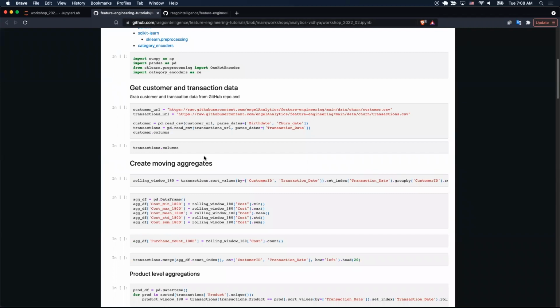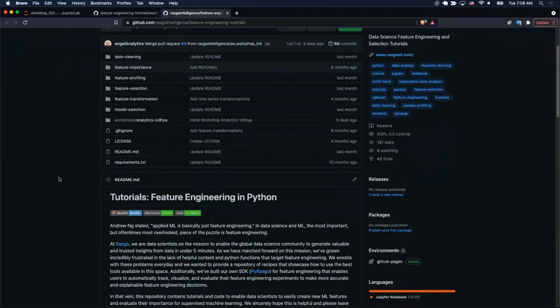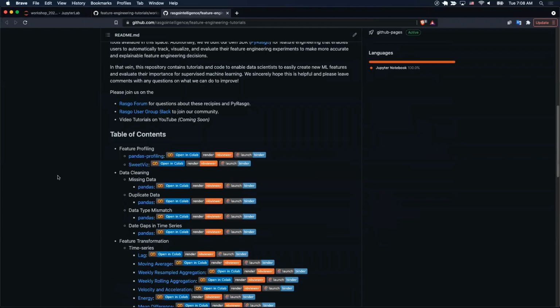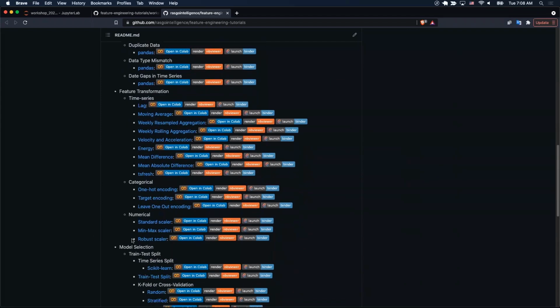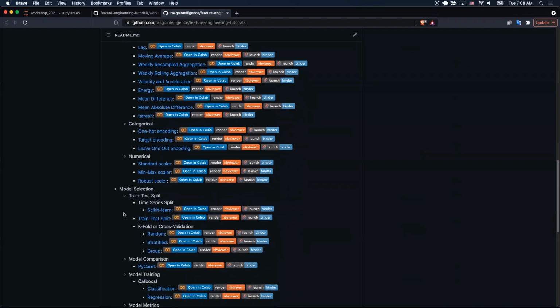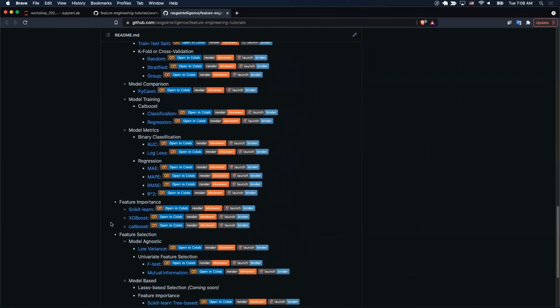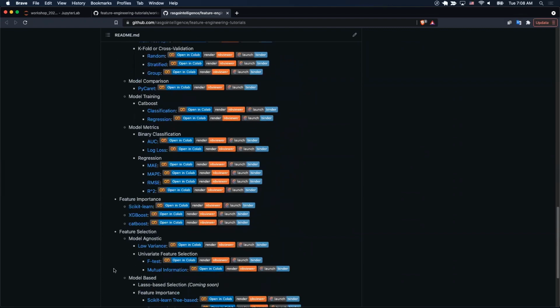And as a note, this repository that holds this notebook contains a lot of additional examples of Python code to do various different things, from this feature engineering, including categorical features, which we'll hit on a little bit, to model training and model selection, feature importance and feature selection.